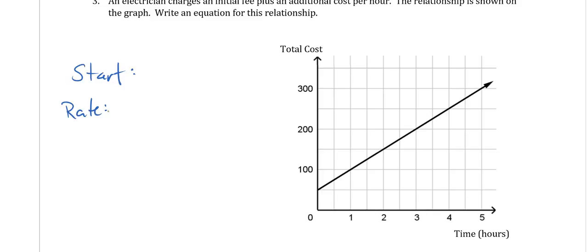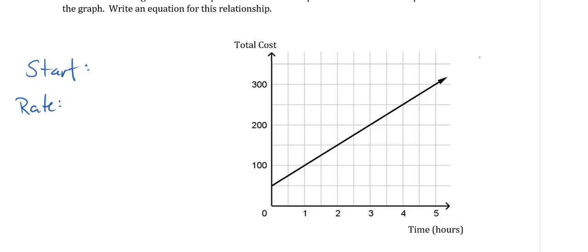I remember on Friday when we were doing this kind of work where it gives you the graph, a lot of people were turning it into a table. So you're taking the numbers from the graph and making a table. That's a great idea. Now one thing that I would recommend though that people did on Friday that you don't have to do, if I'm going to make a table, I'm going to have hours here and cost here.